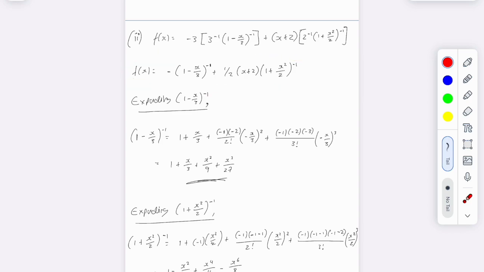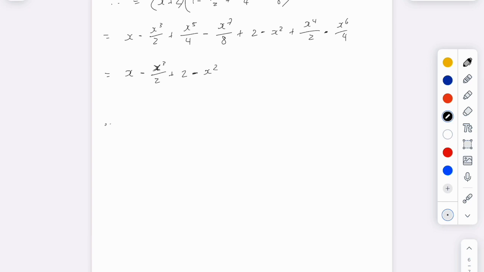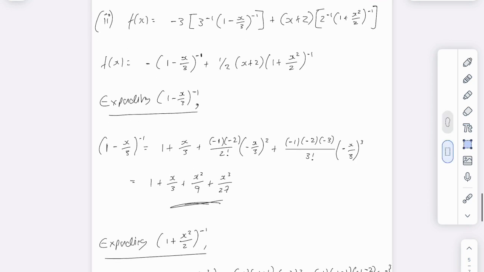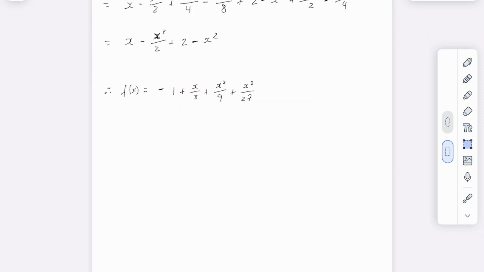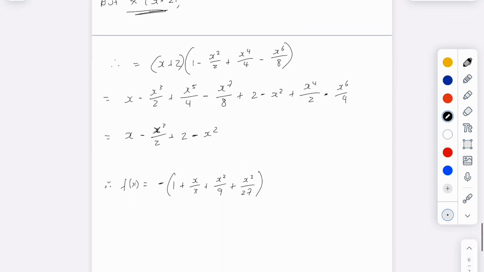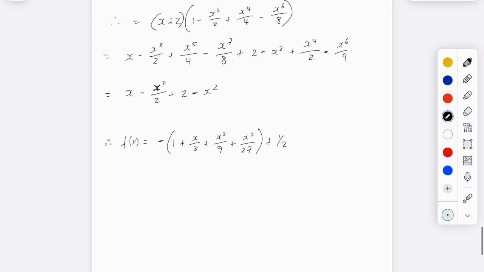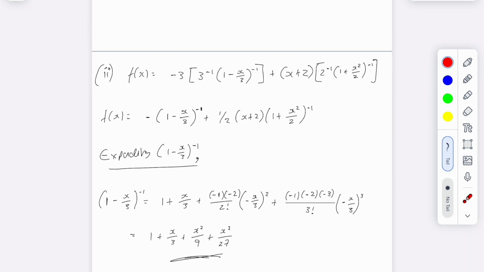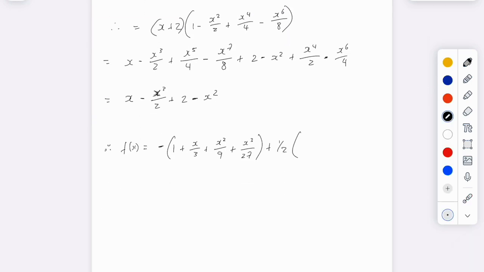So if this is f of x over here, we could say, fine, what we get is minus 1 minus, we're going to get this, plus a half times this, and we've worked out this part here, and that is going to give me x minus x cubed over 2 plus 2 minus x squared.